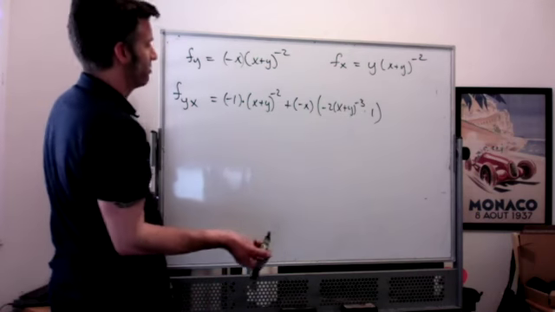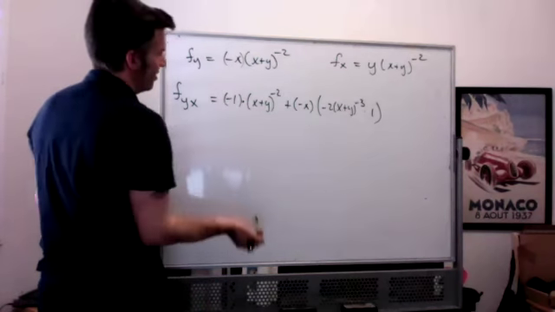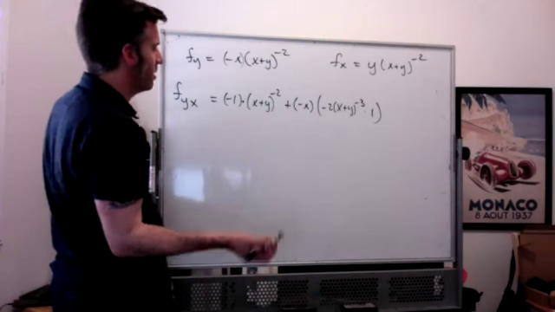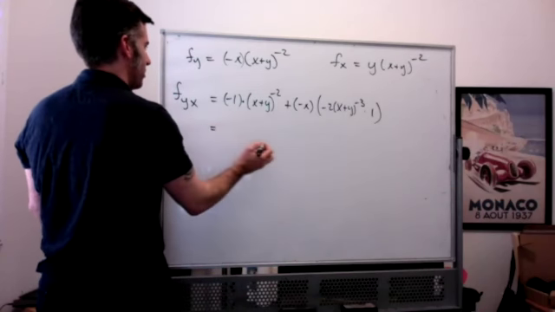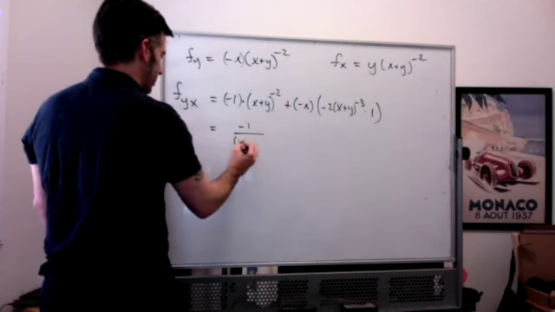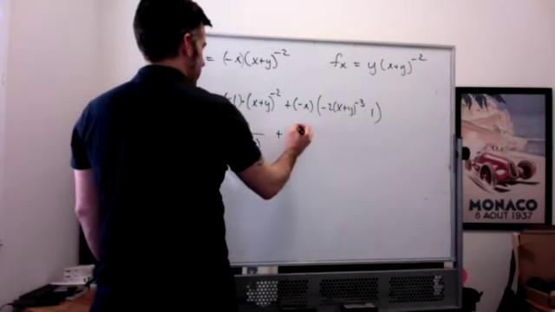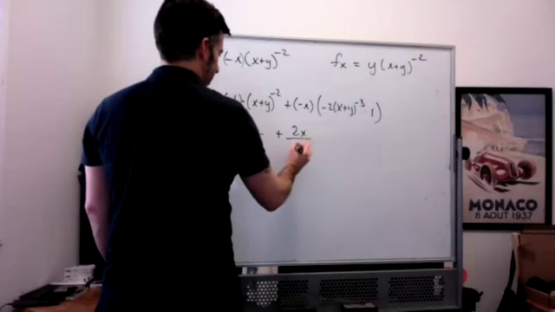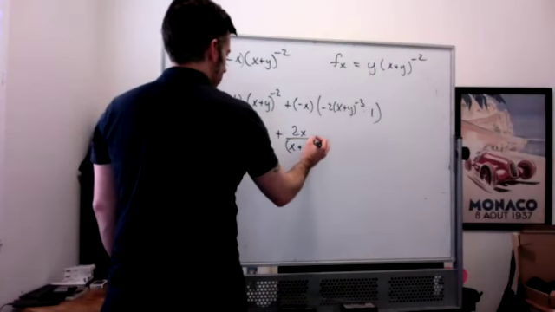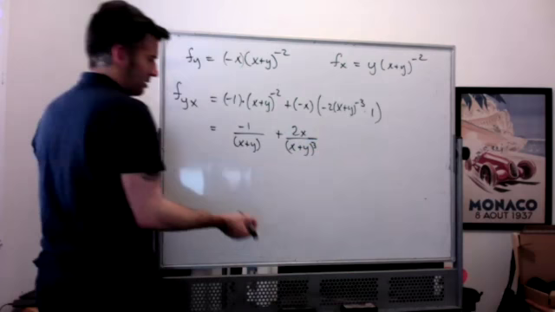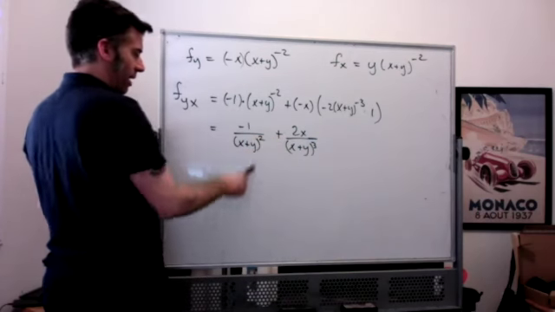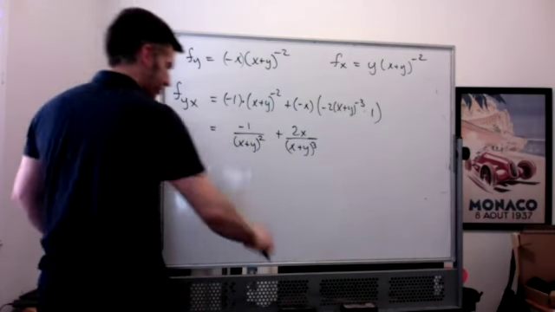Do I need to simplify this? No. Am I going to? Yes. Negative 1 over x plus y squared, minus minus, so plus 2x over x plus y cubed. And really I should multiply this by x plus y over x plus y.